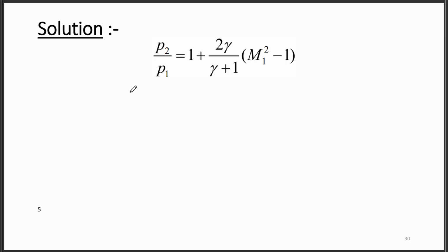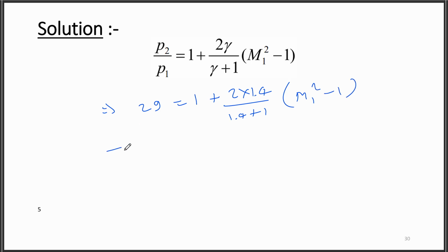So first we will use the pressure ratio formula: P2 by P1 equal to 1 plus 2 gamma upon gamma plus 1 times (M1 square minus 1). P2 by P1 is given as 29, gamma is 1.4, and we have to find M1.